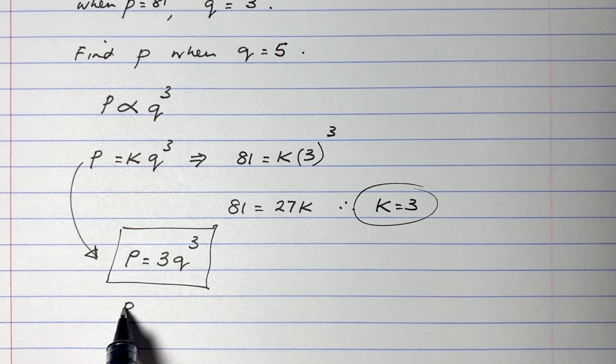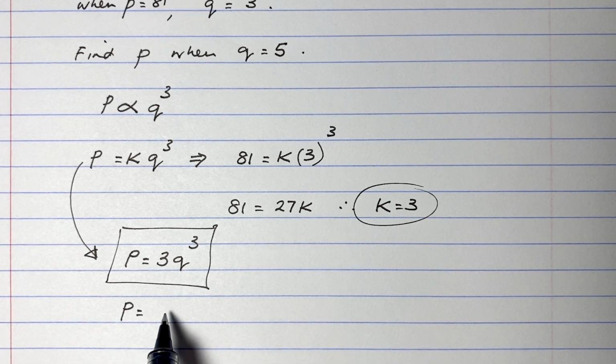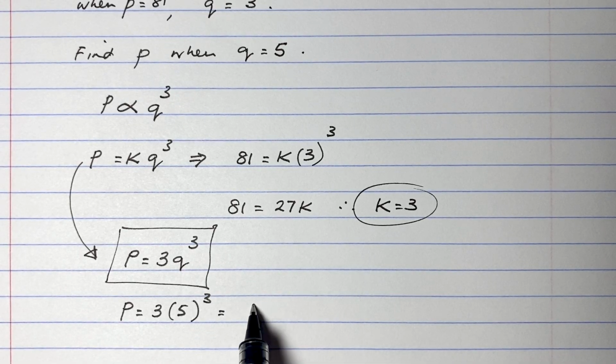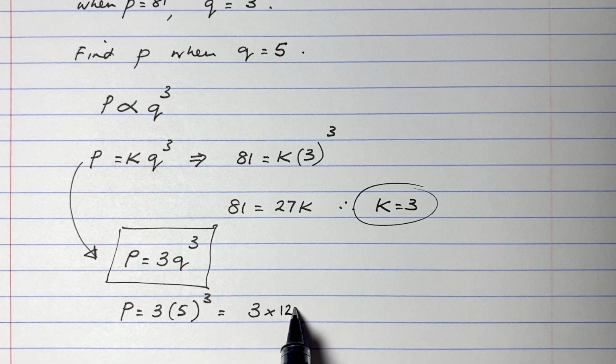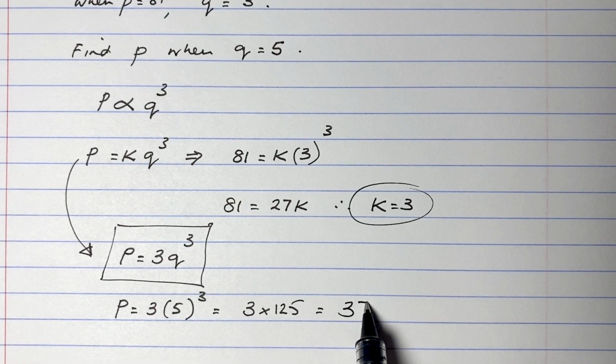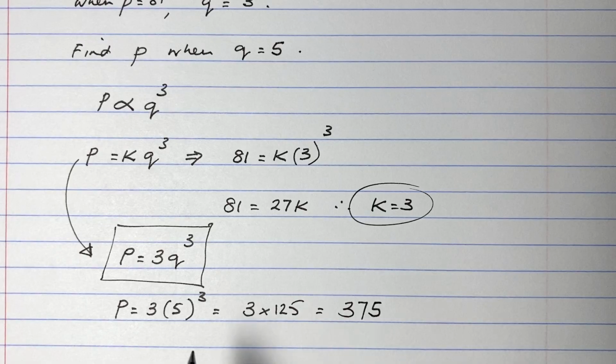For that one, I probably need the calculator. So that is 3 times 5 to the power of 3. So that's 3 times 125. Done with the calculator, that will be 375. 5 cubed is 125. 3 lots of 125 is 375.